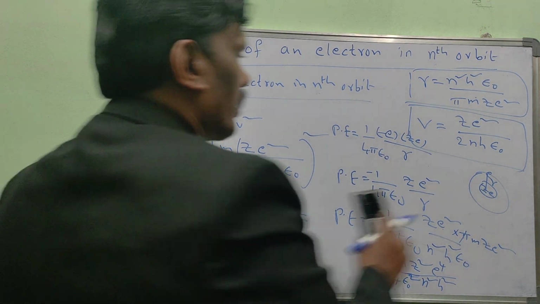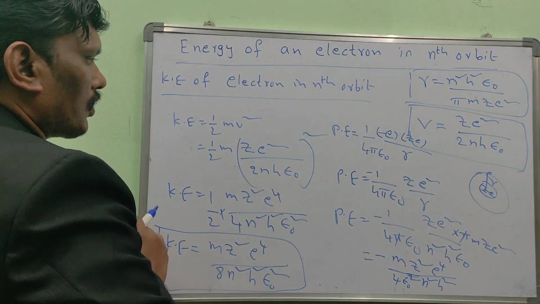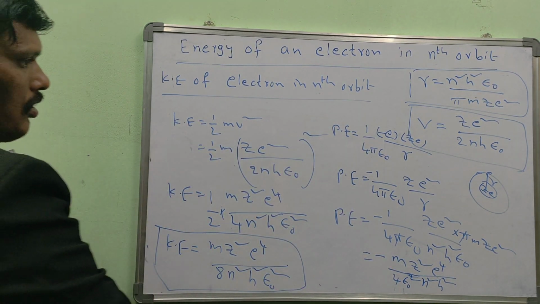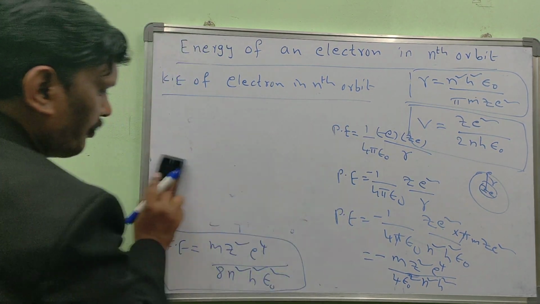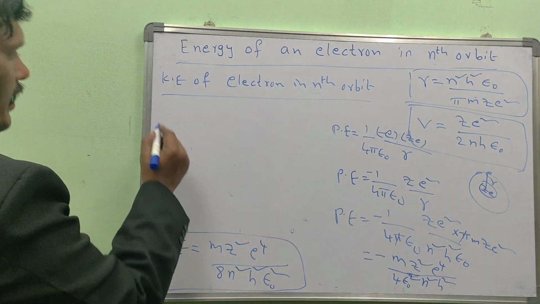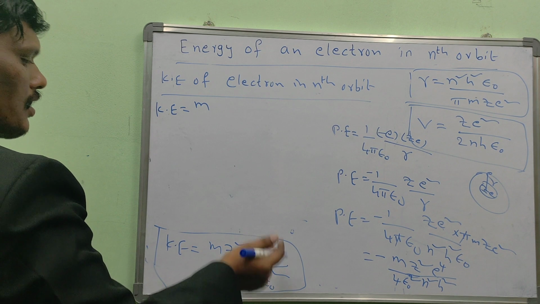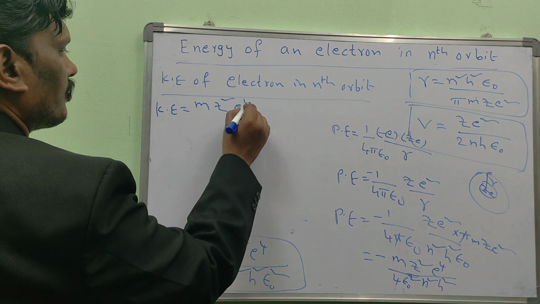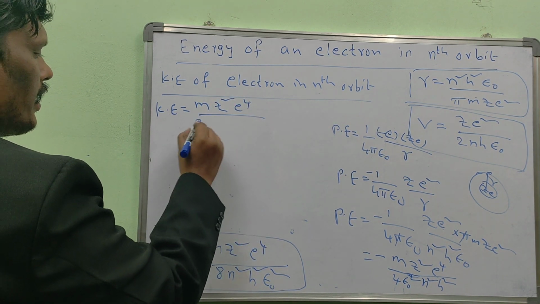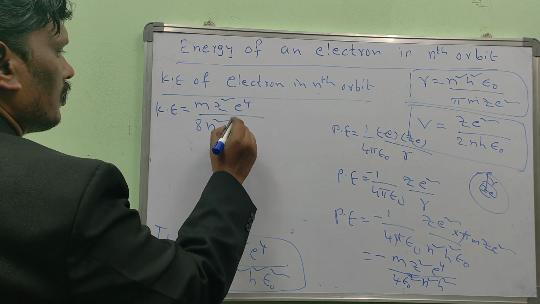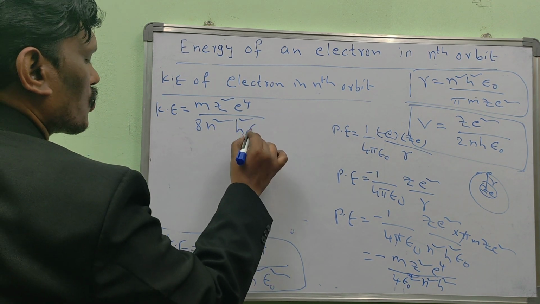This is the potential energy formula. Students, here I get two energies: one is kinetic energy and the other is potential energy. Note down. What is the kinetic energy I got? Kinetic energy is equal to m Z square e power 4 upon 8 n square h square epsilon naught square.